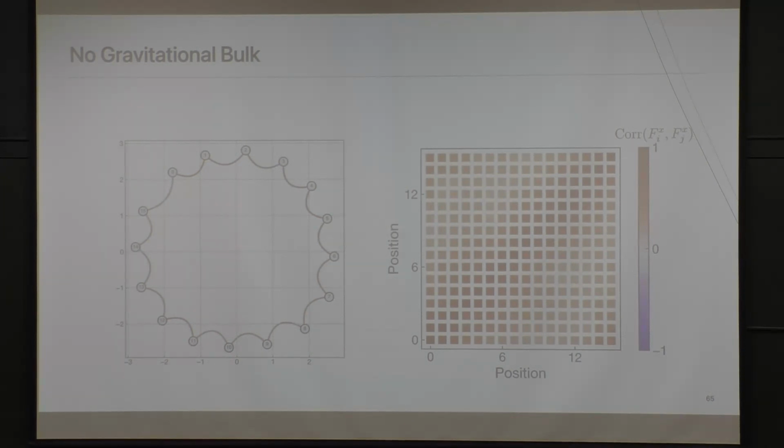If I want a random coupling between every pair of sites, then I need order n squared different frequencies that I have to fit into some window. So I think completely random couplings are challenging on this particular experiment in the near future, but it's definitely a reality. I don't think it's fundamental.